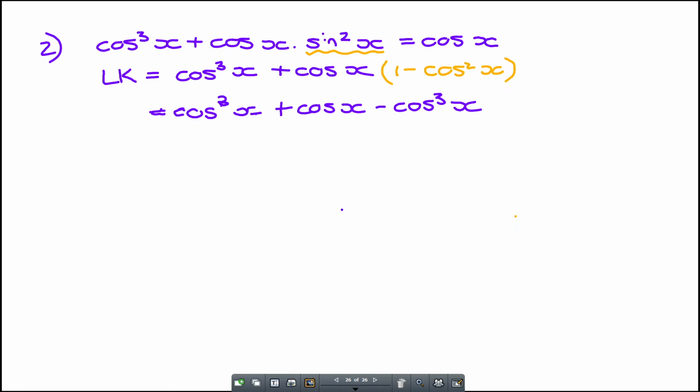Okay, now you can see that we have two like terms. Do you see that? And cos to the power 3x minus cos to the power 3x gives me just 0. So all that is left is cos x and that is exactly like the right-hand side.